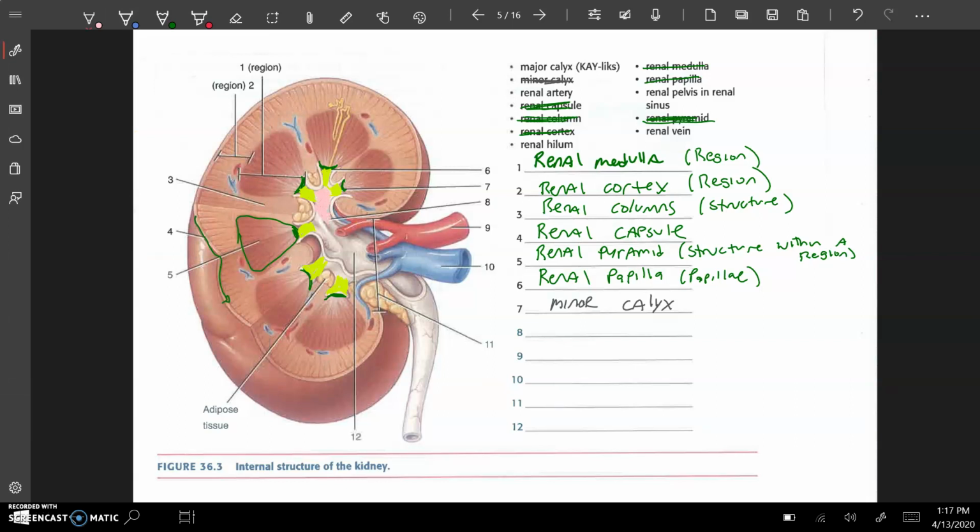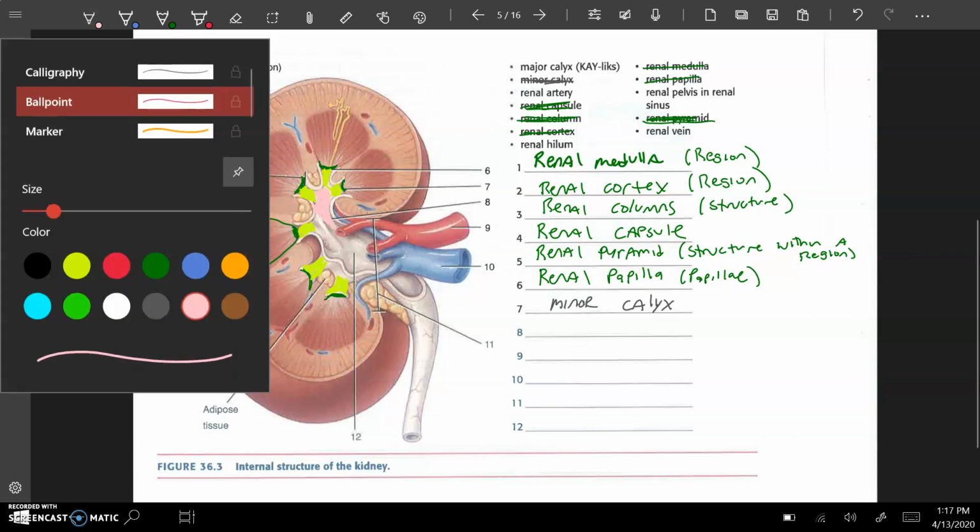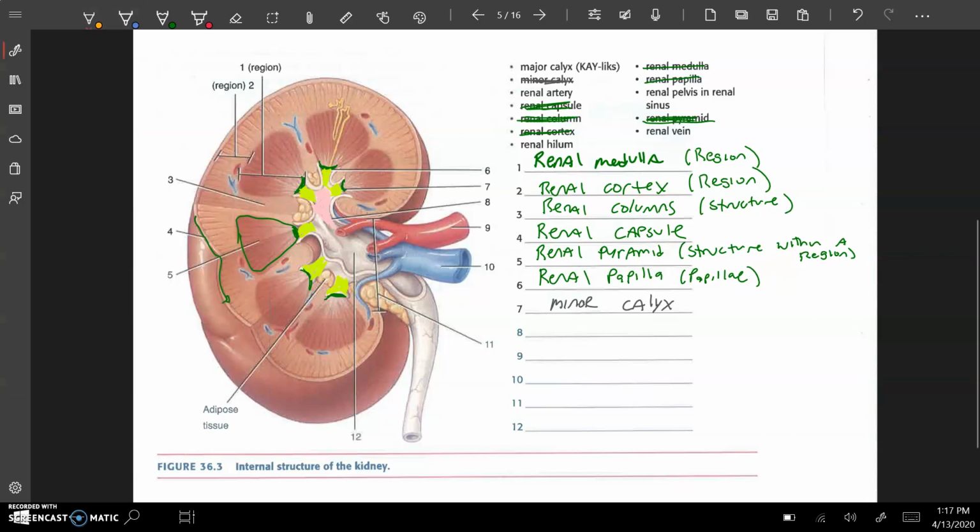Here's one. Now let's do another one in orange. Here's another one right here. You have about 2 to 3 of these per kidney, 2 to 3 major calyces.